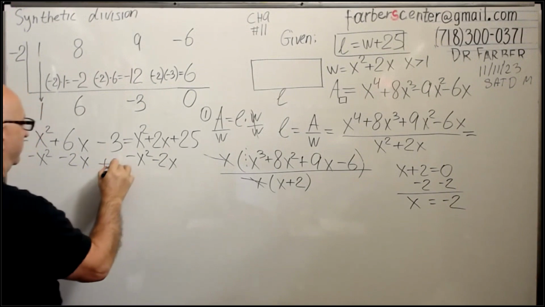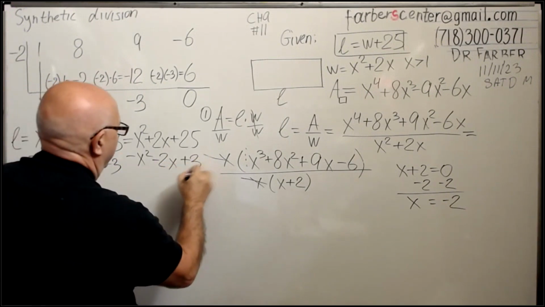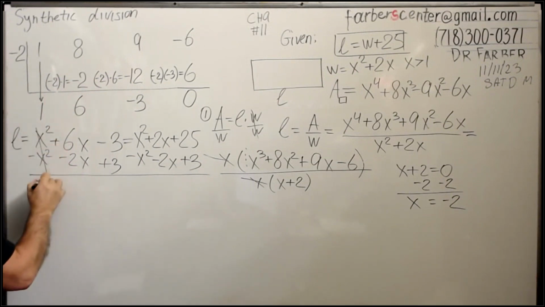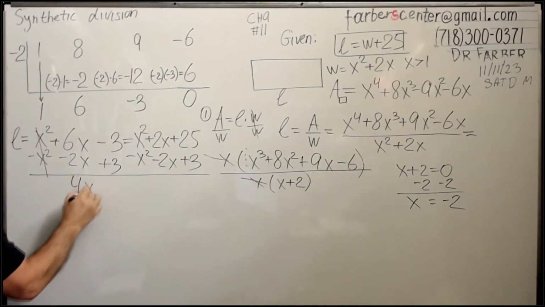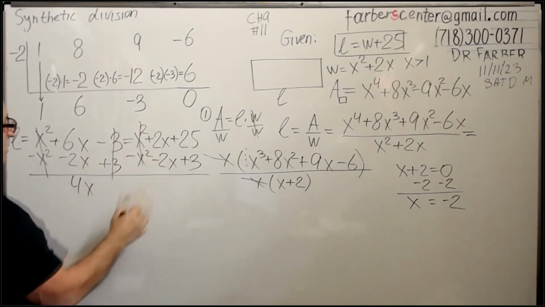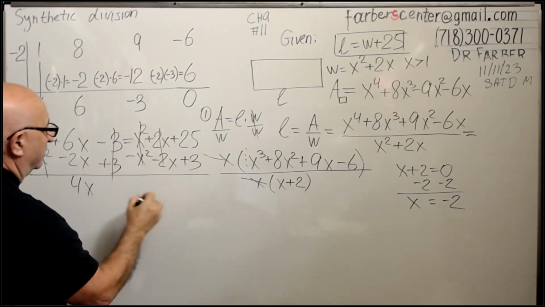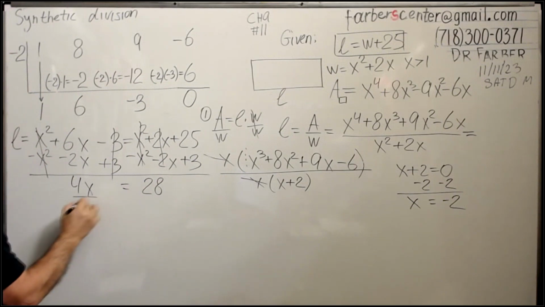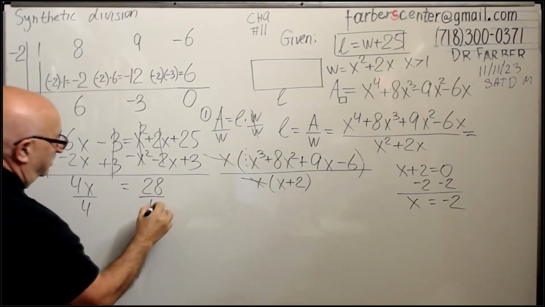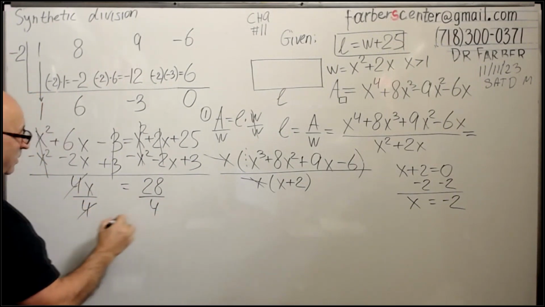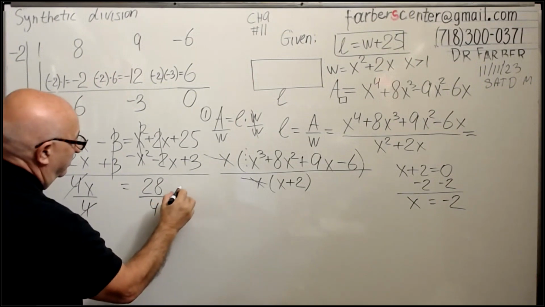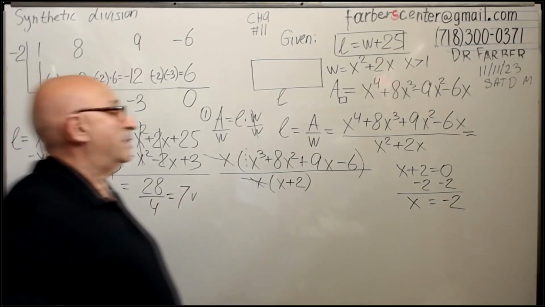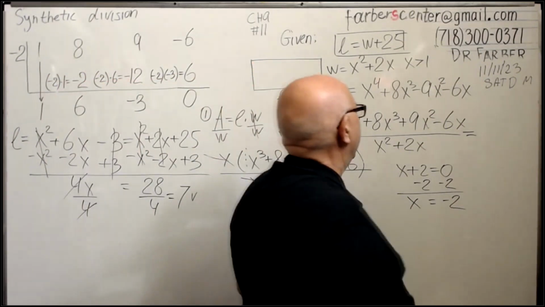Plus 3 and plus 3. Cancel out. 4x's. Cancel out. Equals 28. Divide both parts by 4. x equals 7.